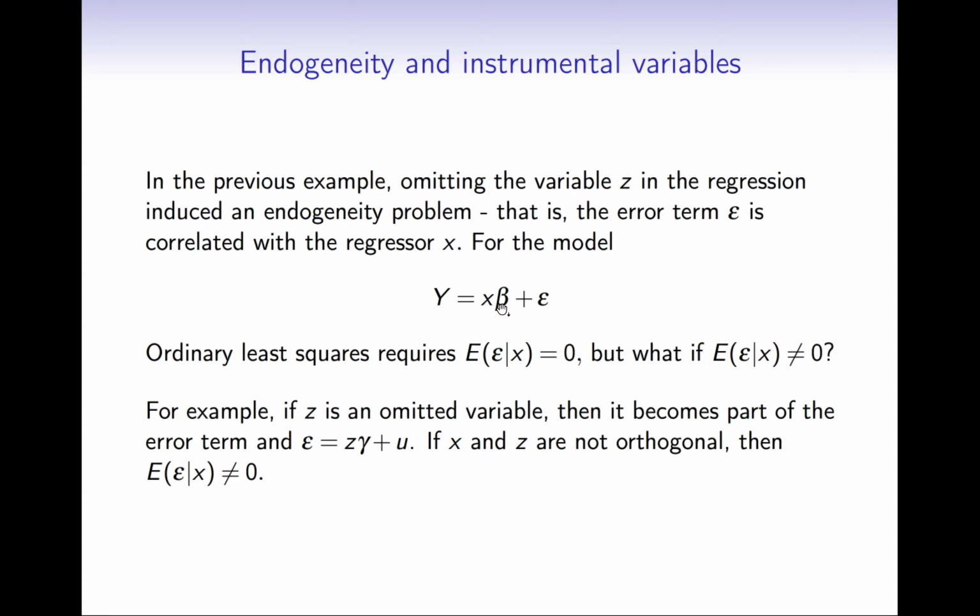And so then beta represents the percentage increase in earnings, because it's a change in the log, from one additional year of schooling. So a typical return to schooling would be, say, 0.1. So that would be a 10% increase in earnings for every year of schooling.